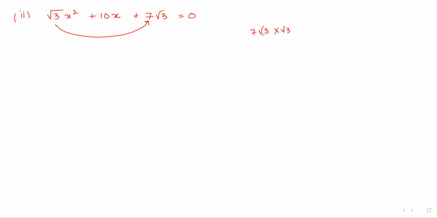So 7 into under root 3 and then into under root 3. This under root 3 will become 3, so 7 into 3, that is 21. So you have to do the prime factorization of 21 now. 21 is 3 into 7 and 7 into 1, that's it. And 7 plus 3 is 10, right?